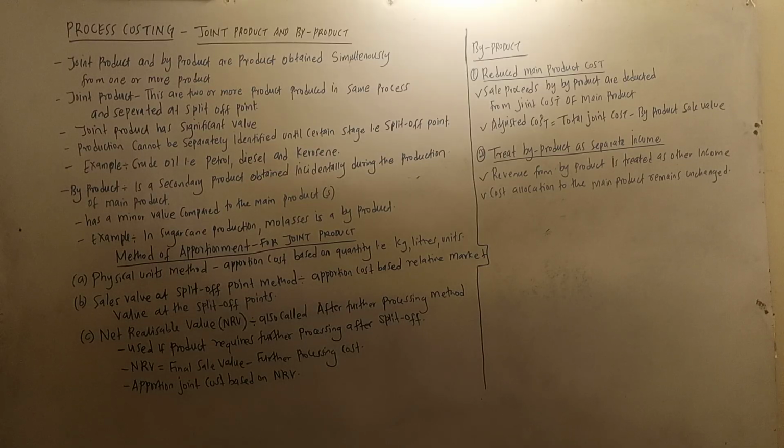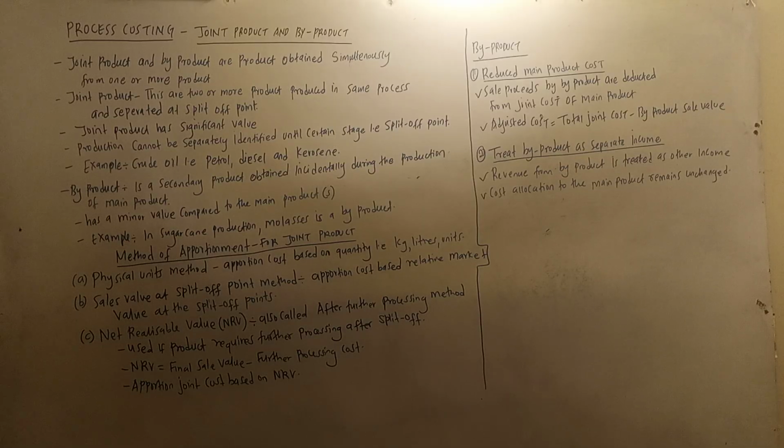Then we have some additional information. The output of process 1, which will be transferred to process 2, is 26,000. Then the output of process 2 is made up of various products, H, N, and T. Normal loss for process 1 and 2 is 10%. Selling prices for H, N, and T are 180, 200, and 300.